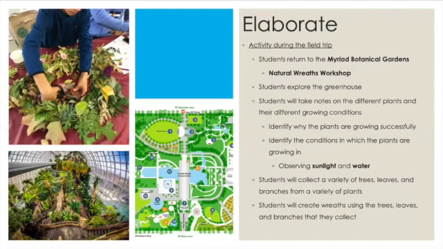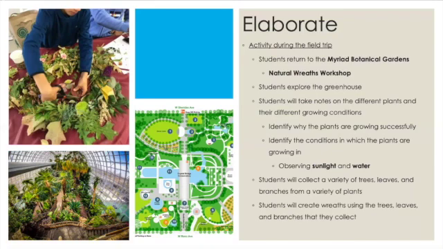During this workshop, museum staff would take the students through the greenhouse, specifically the Crystal Bridge Conservatory, which is the centerpiece of the entire garden or museum. As you can see in the map, that's the very center of the property.